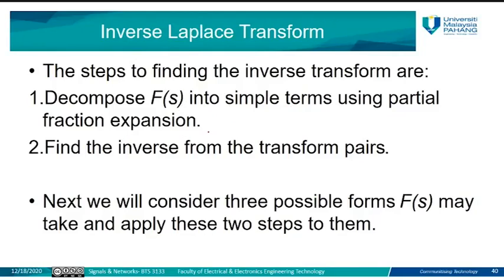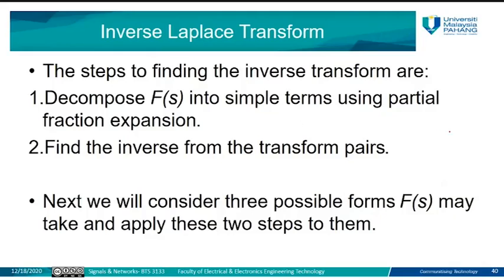So partial fraction means you have a complicated function, and you are going to convert it into some terms which are multiplied by each other, with summation or subtraction between them.